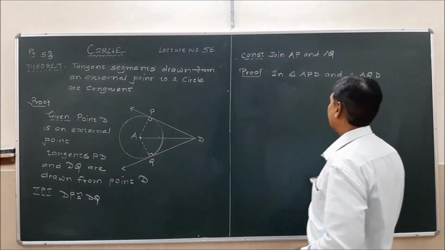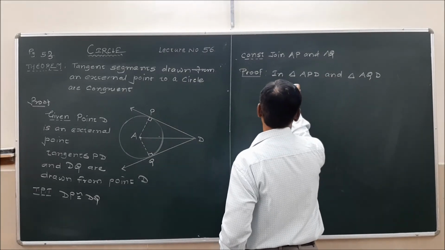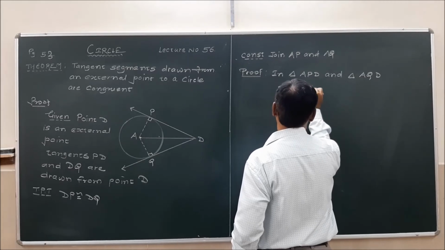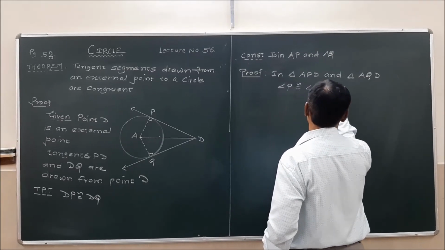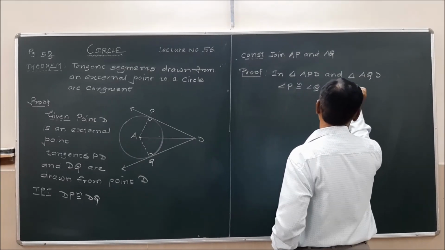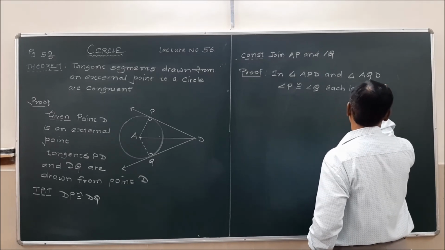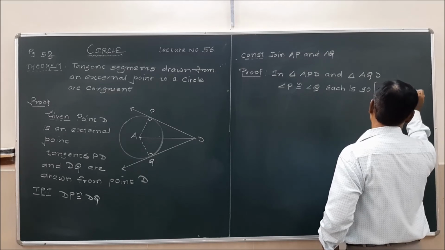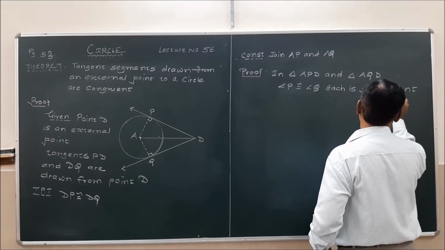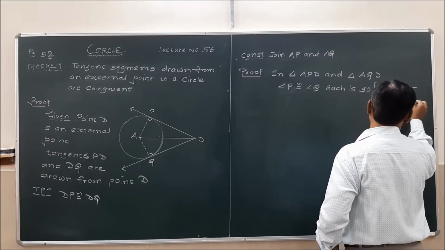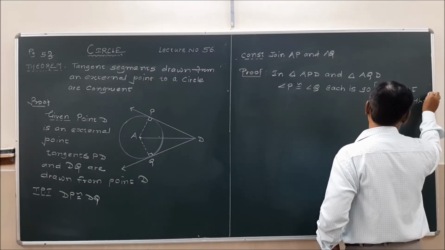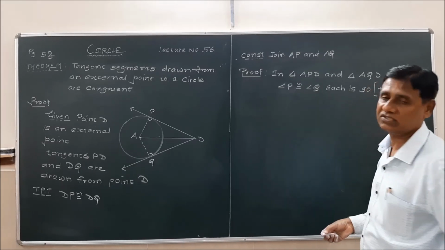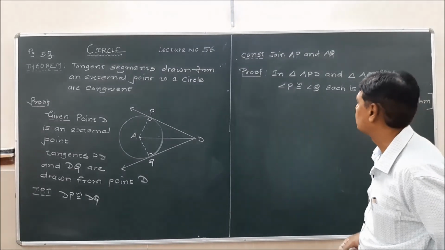Okay. Angle P is congruent with angle Q. It is 90 degrees, by the tangent radius theorem. The tangent radius theorem states that a tangent is always perpendicular to the radius at its outer point.